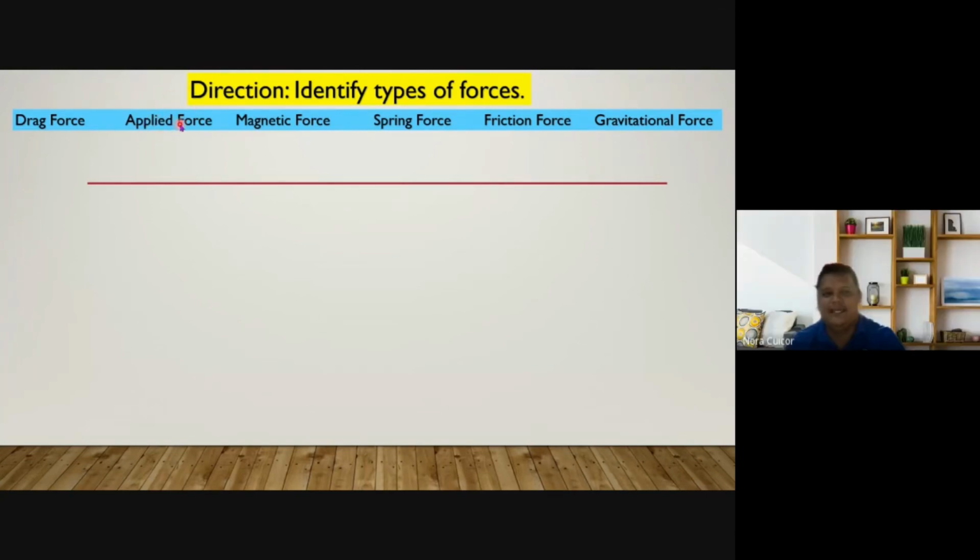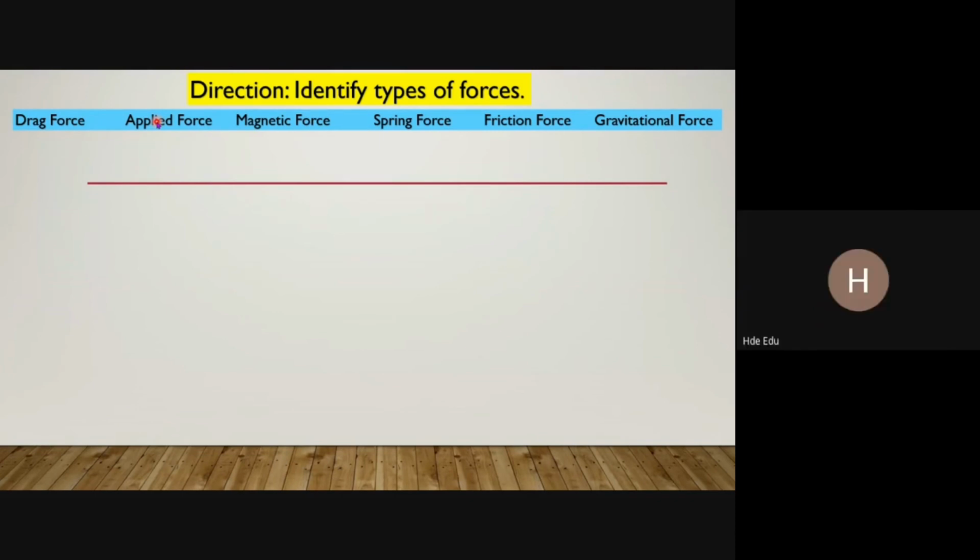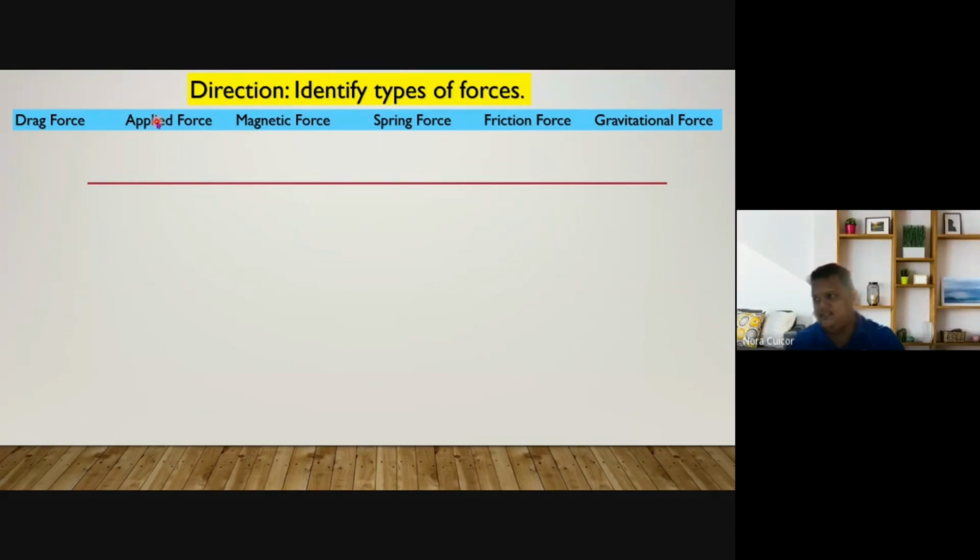Applied force is when you are using any material. For example, you're using a bat. You hit the ball with a bat. It's applied force. You push the door. It's applied force. Okay, magnetic force is when you are using a magnet.